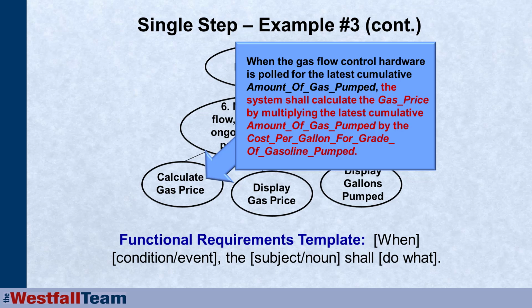Notice we've got two more data item names here, the amount of gas pumped and the cost per gallon for the grade pumped. And we're telling the programmer exactly how to calculate the price.